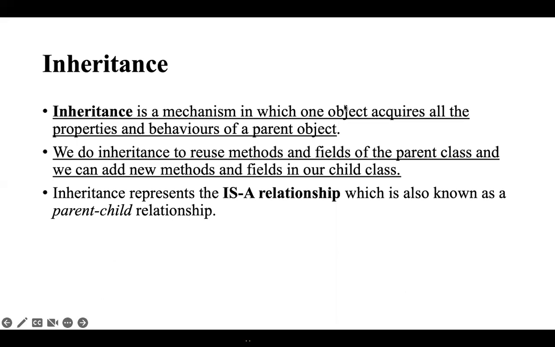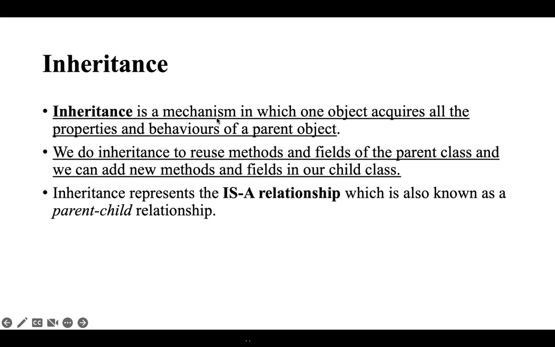So when an object acquires, meaning tries to access, the information, you can break the word information into properties and behavior. Here properties means the attributes, the fields of the class, and behavior means the methods which are available in the parent class, or other class.